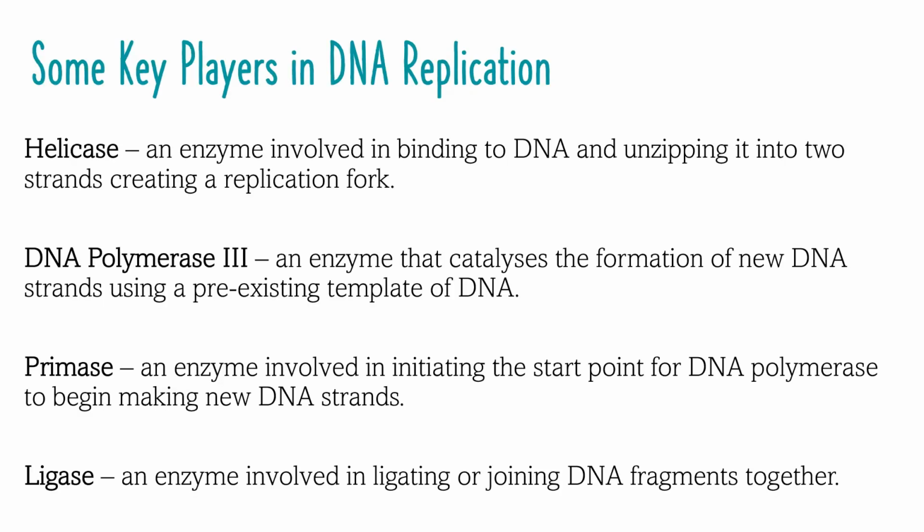Some key players involved in DNA replication are helicase, an enzyme involved in binding to DNA and unzipping it into two strands, creating a replication fork; DNA polymerase III, an enzyme that catalyzes the formation of new DNA strands using a pre-existing template of DNA; primase, an enzyme involved in initiating the start point for DNA polymerase to begin making new strands; and ligase, an enzyme involved in ligating or joining DNA fragments together.